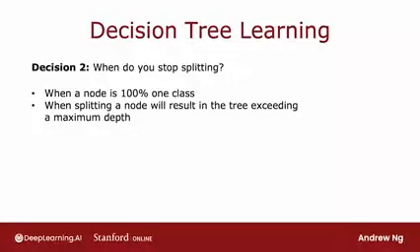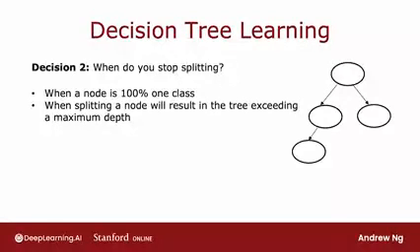Alternatively, you might also decide to stop splitting when splitting a node further will result in the tree exceeding a maximum depth, where the maximum depth that you allow the tree to grow to is a parameter that you could decide. In a decision tree, the depth of a node is defined as the number of hops that it takes to get from the root node, that is the node at the very top, to that particular node. So the root node takes 0 hops to get to itself and is at depth 0.